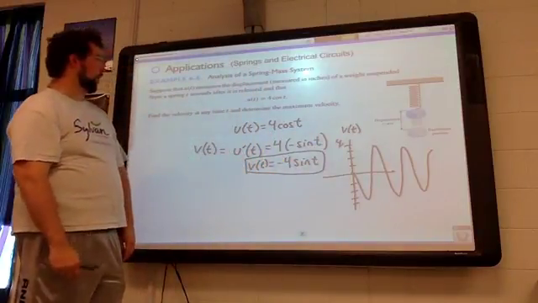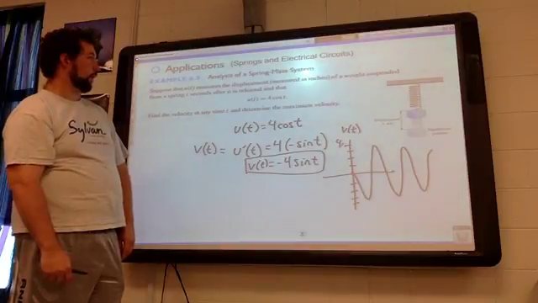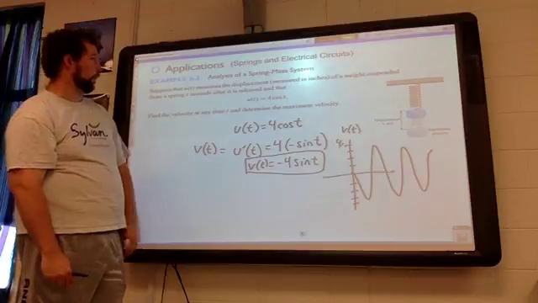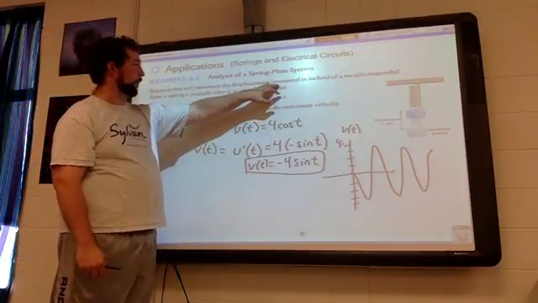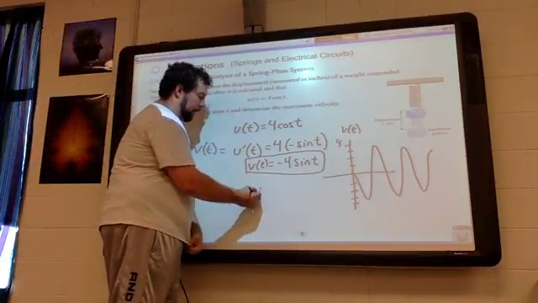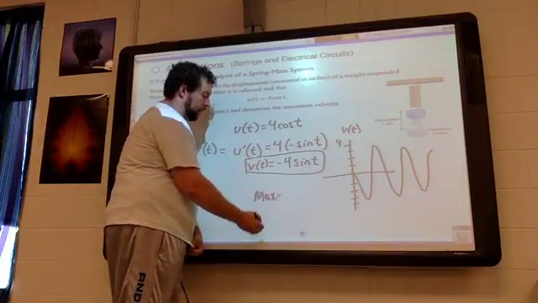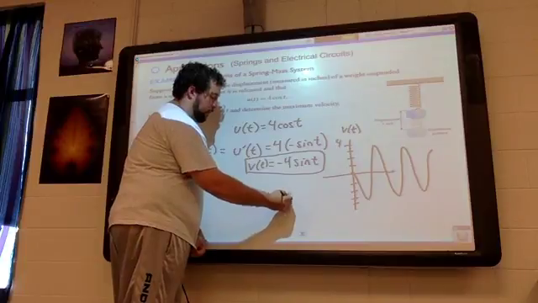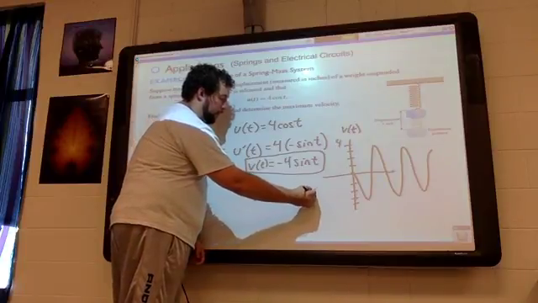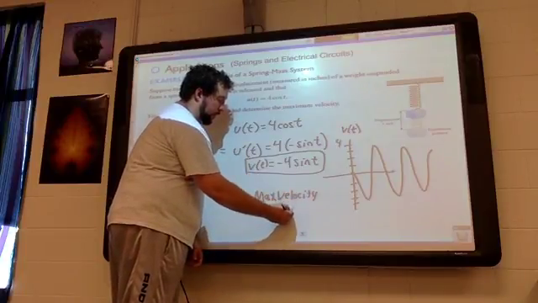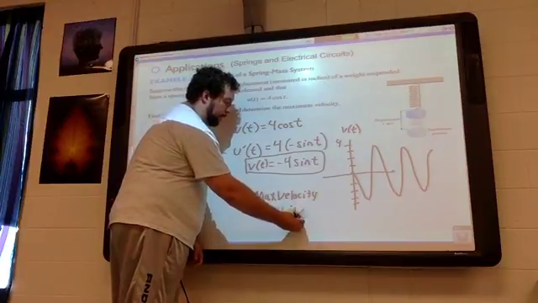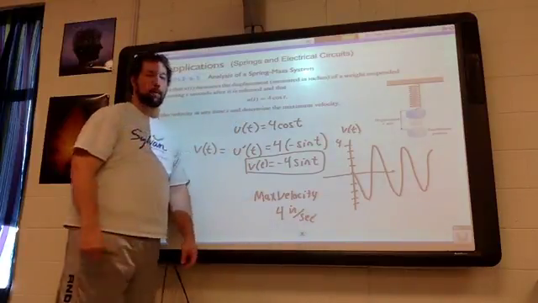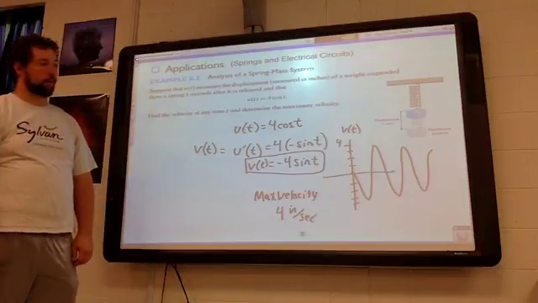So the maximum velocity is going to be, well, we're measuring the displacement in inches, so the max velocity this thing will be going is 4 inches per second.